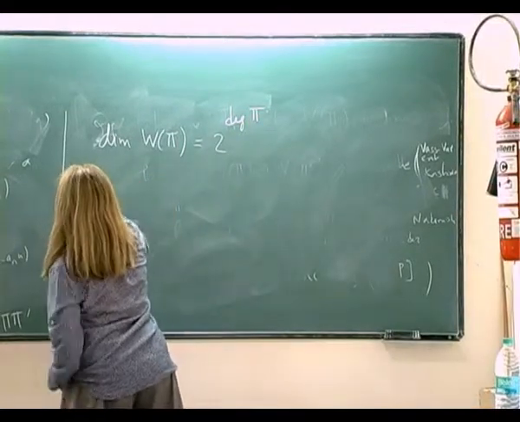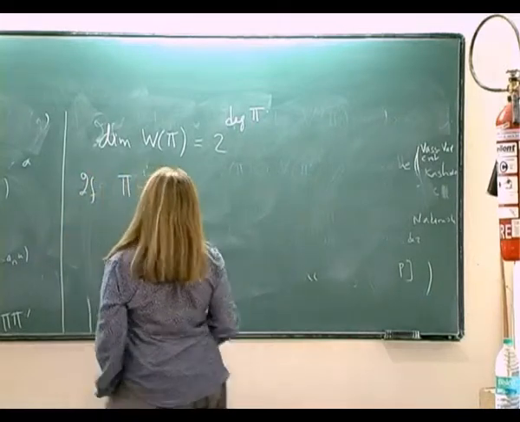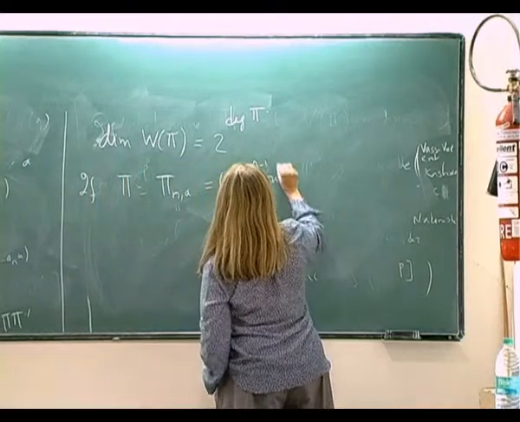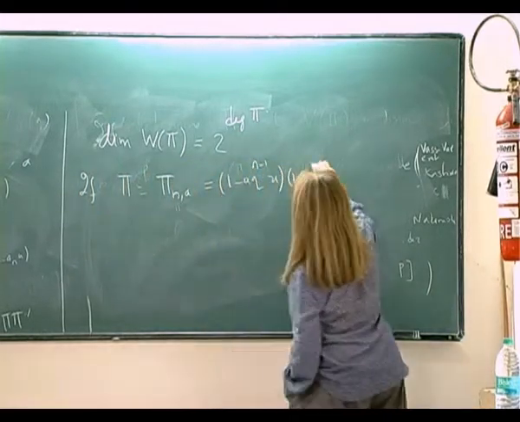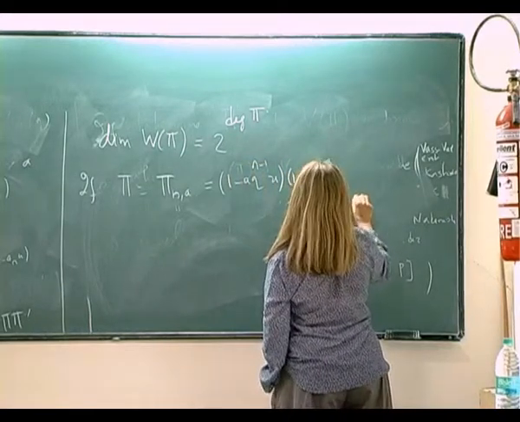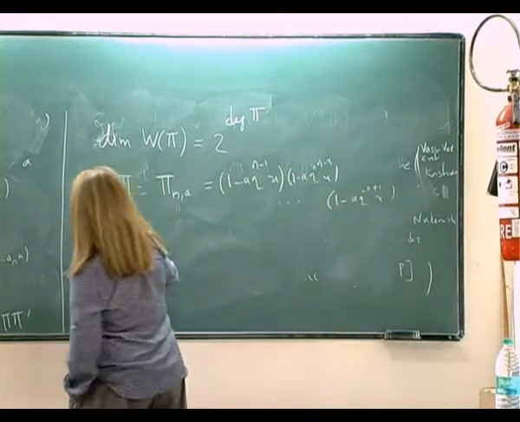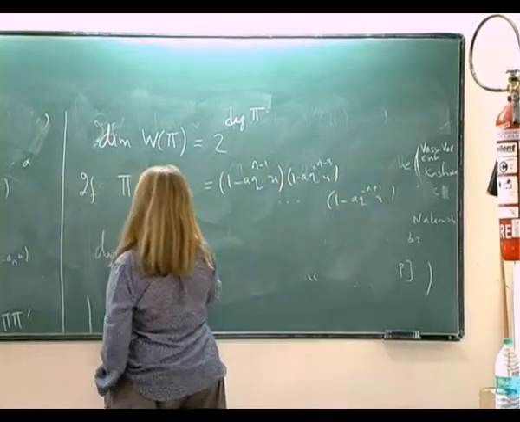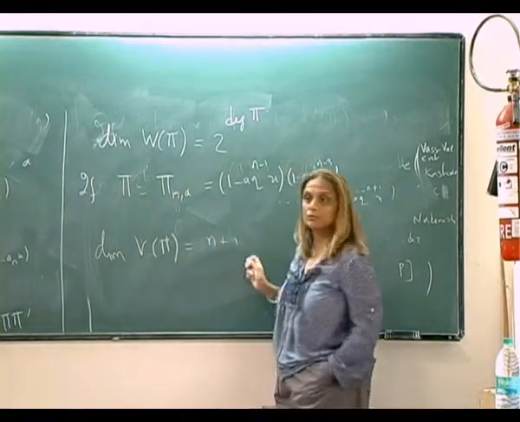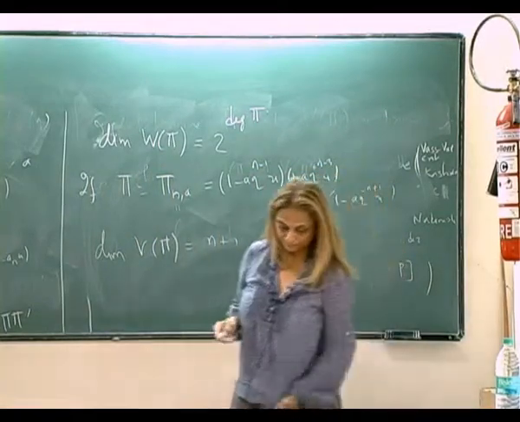If pi equals pi n a, this was the polynomial (1 minus a q to the n minus 1 u) into (1 minus a q to the n minus 3 u), and so on. Then the dimension of V pi, on the other hand, was exactly equal to n plus 1. So V pi is minute when compared with W pi.